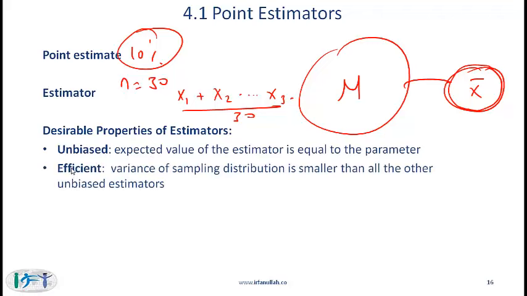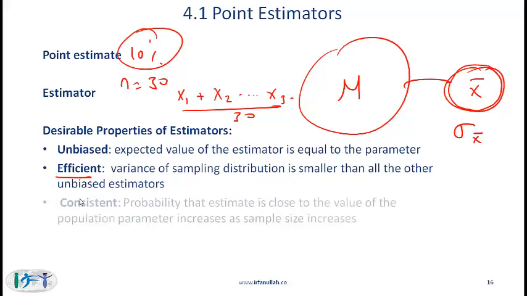Next, the estimator should be efficient, which means that the variance of the sampling distribution must be smaller than all other unbiased estimators. So essentially the variance or the standard deviation of x bar must be smaller than the variance of any other estimator, and that is what makes this efficient.